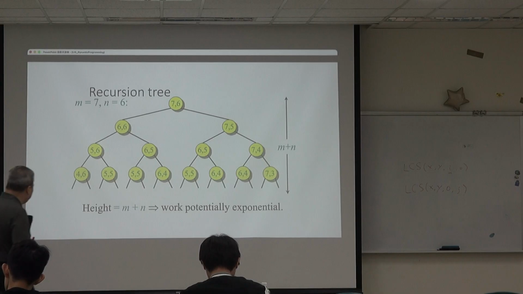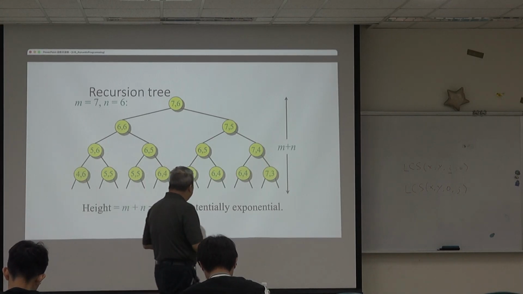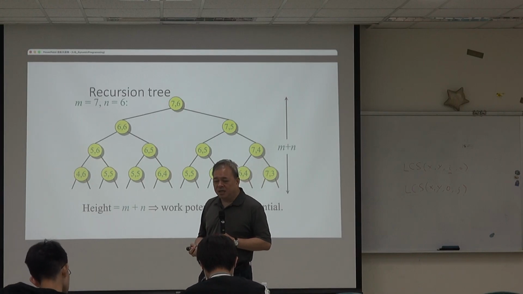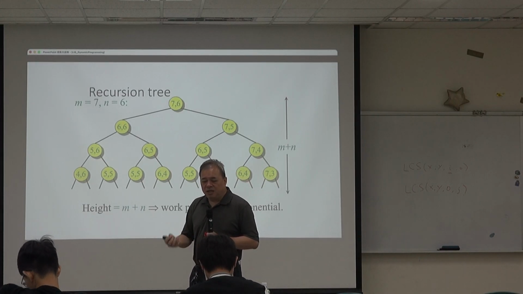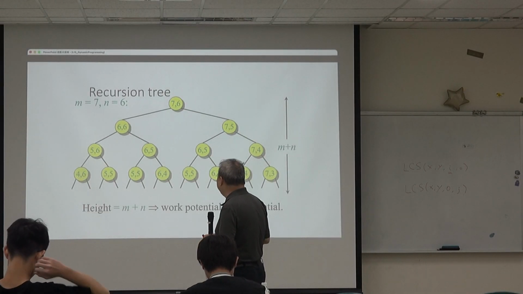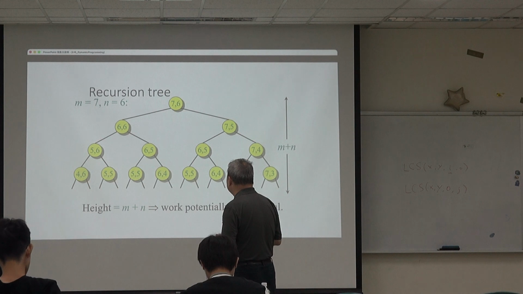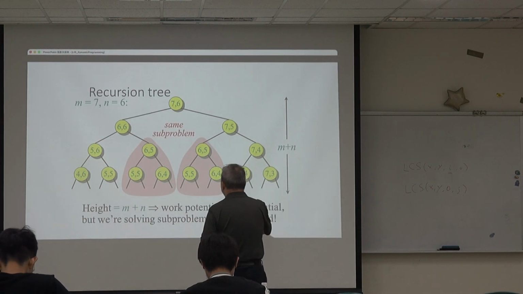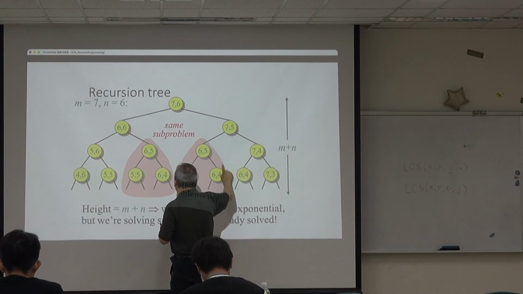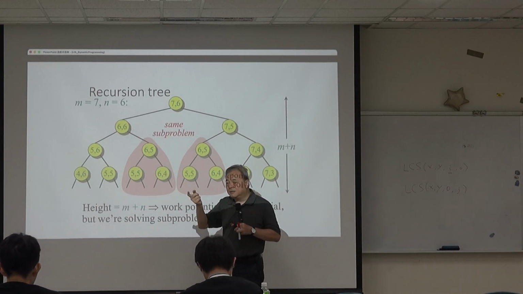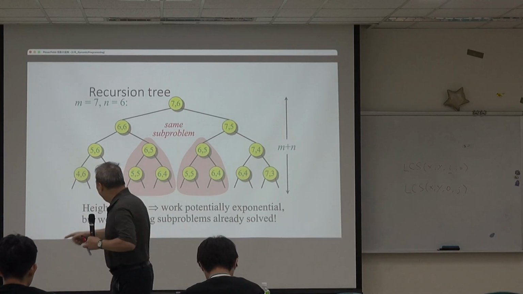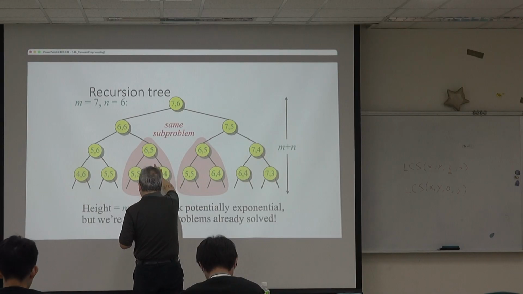What is that? You will find that many of the jobs are executed repeatedly. For example, you see this part and this part, they are identical, right? What do we mean by 6-5?